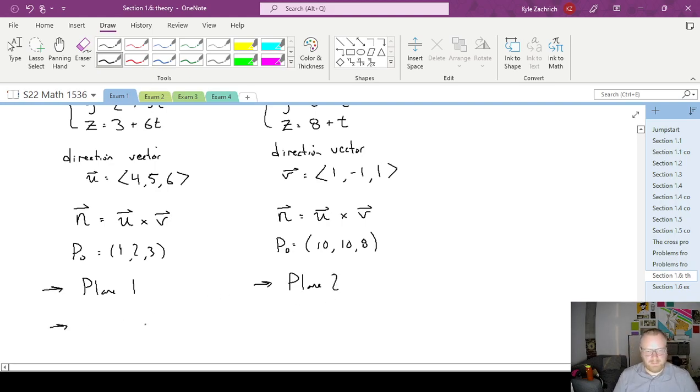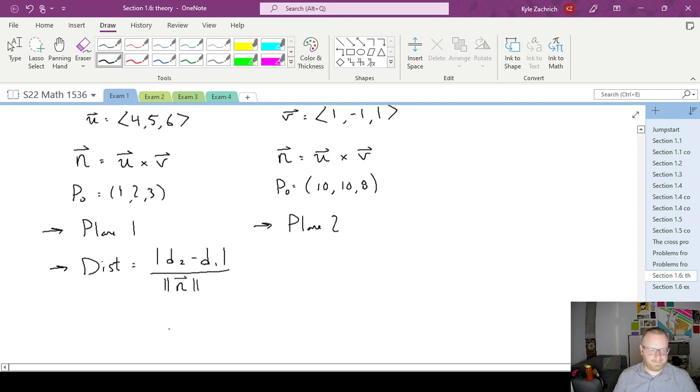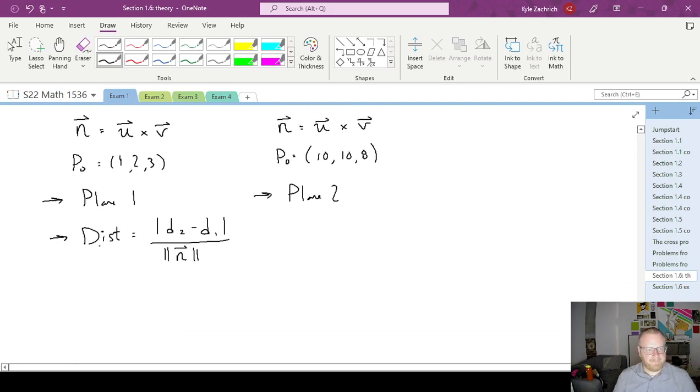After this point, we can figure out the distance between them using that formula, which I laid out in the last video. That's going to look something like this. Okay. All right.